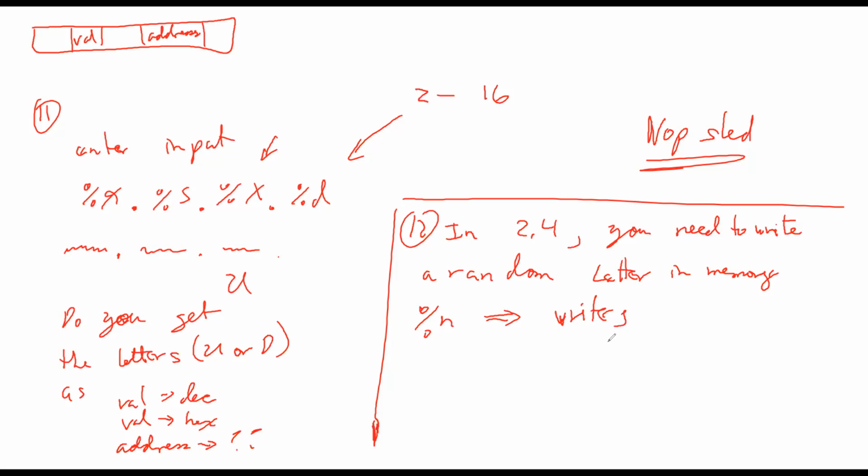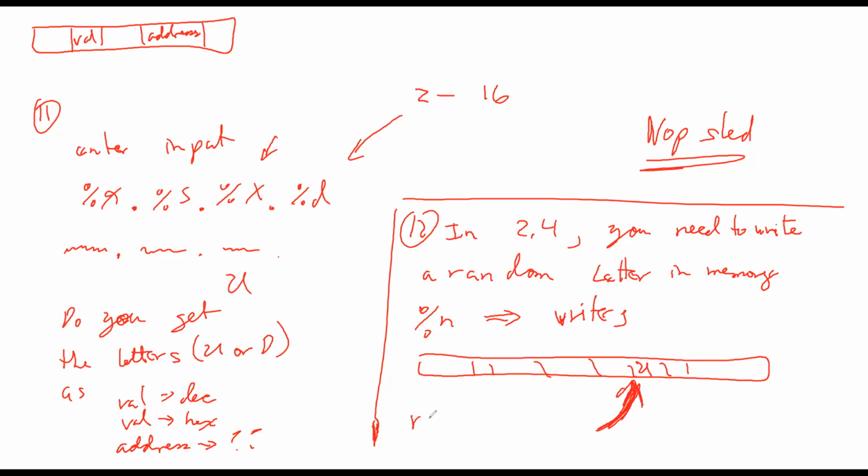Okay, so now the question is, once you've identified where the letter is in memory, let's say you looked to see where it is and you found that it's here. %n will write to wherever the stack is pointing.